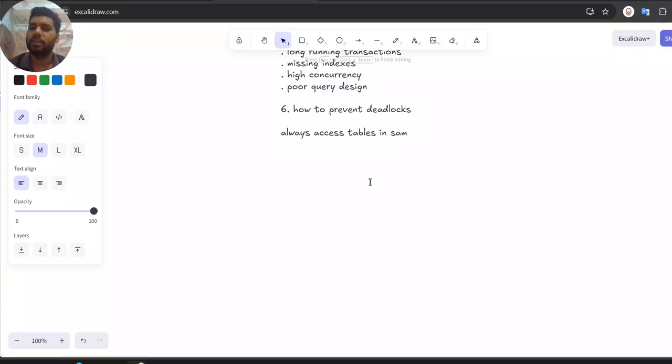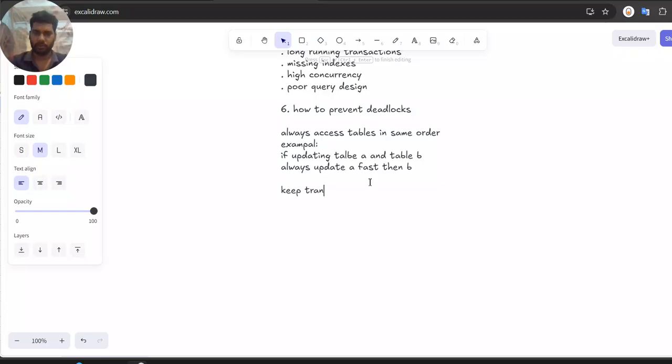For example, if updating tables A and B, always update A first, then B. Keep transactions short.